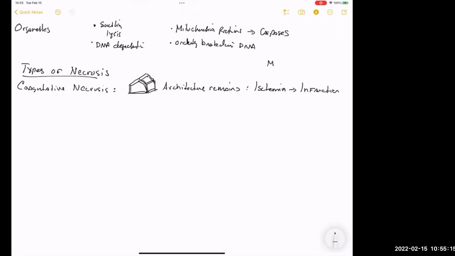For example, if you have a myocardial infarction and you have a scarred area of the heart that no longer works, that is where coagulative necrosis has occurred.